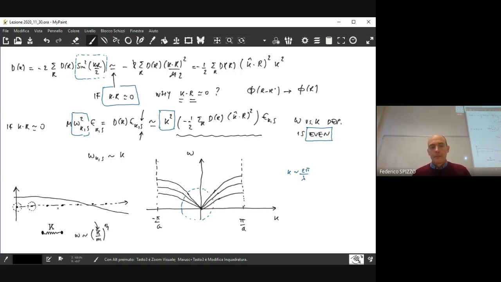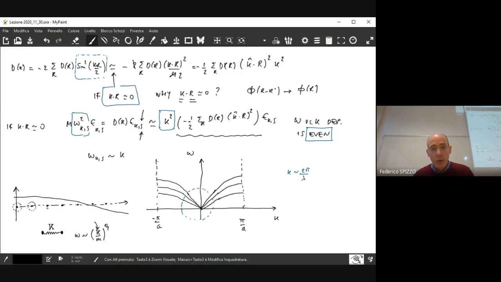Differently, if K increases, then the amplitude of oscillation changes more rapidly from ion to ion. So the spring that connects different masses is subjected to an extension or a compression. So you see that this K is not close to zero, but different from zero, and at that point you have a frequency value that is not negligible in that configuration.